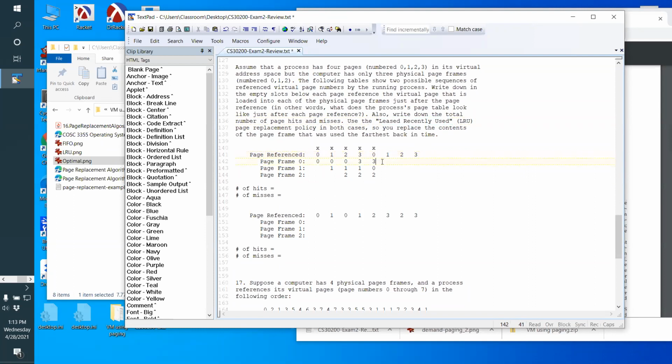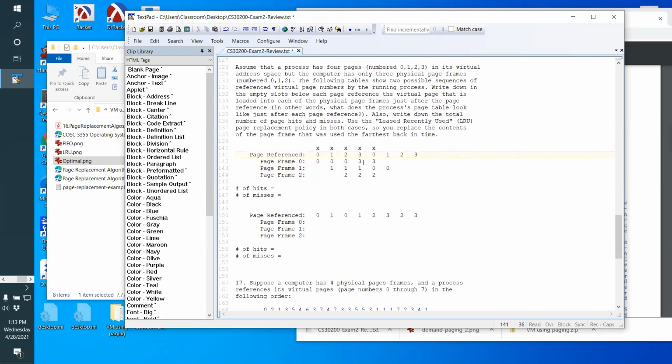In memory is 3, which just got brought in, so 3 is going to stay there. 0 was just accessed, so we're going to leave 0 there.